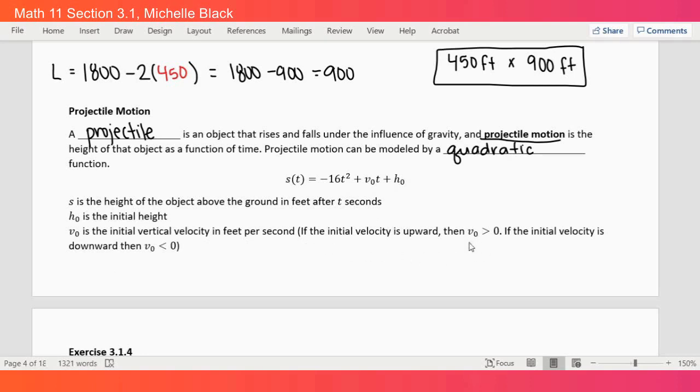If the initial velocity is upward, then v naught is positive, and if the initial velocity is downward, then v naught is negative. I call these "naught"; you can think "sub-zero," but that's just common terminology to say v naught, h naught.